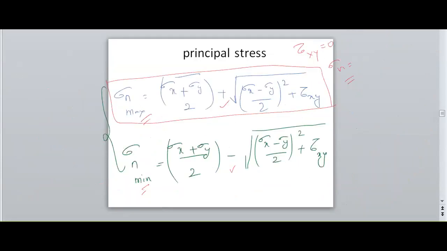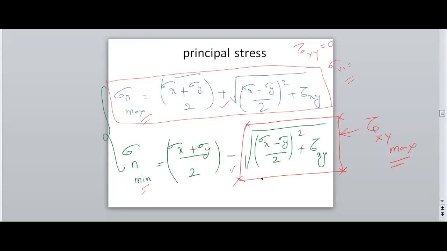The answer will be a root of sigma x minus sigma y by 2 whole square plus tau xy, that is the maximum shear stress. Maximum shear stress that is applied in the component. There is a formula we need to apply at that position.